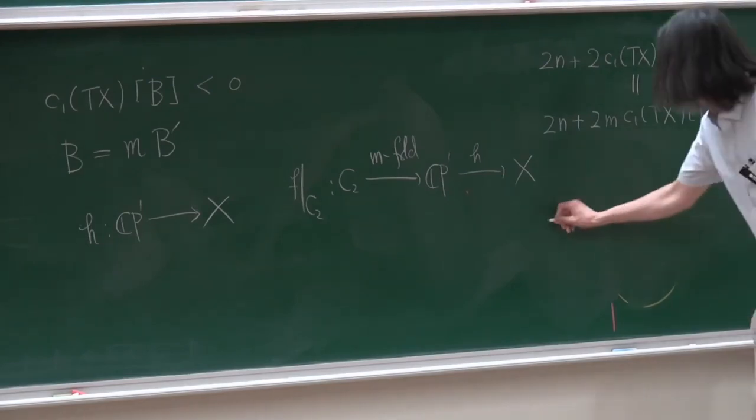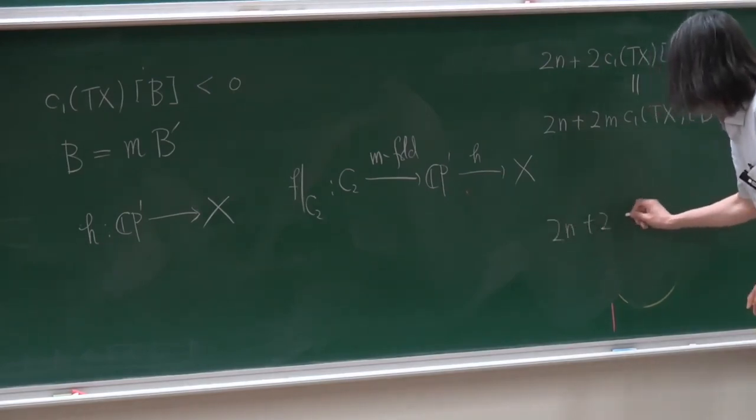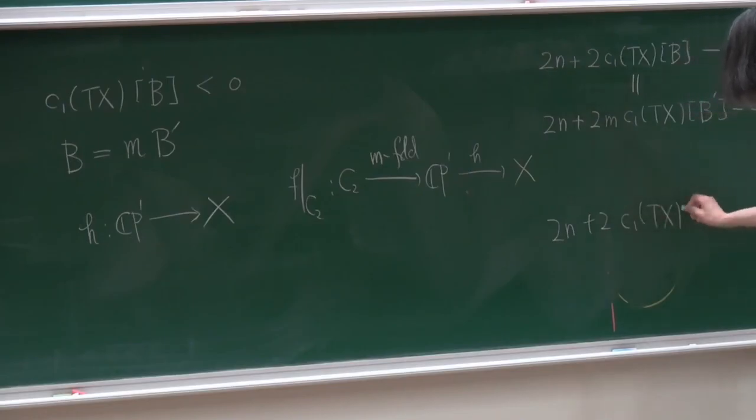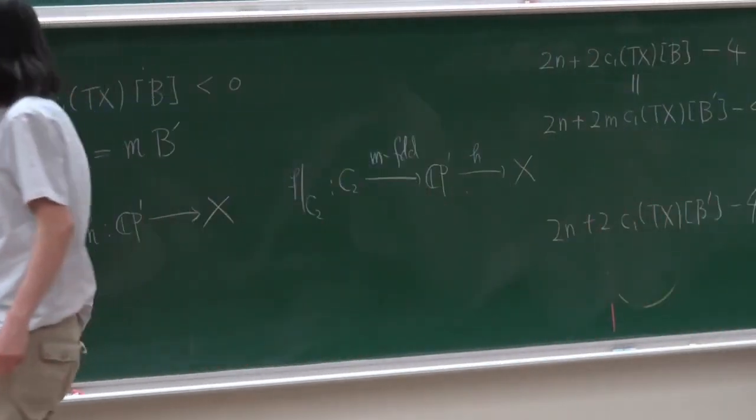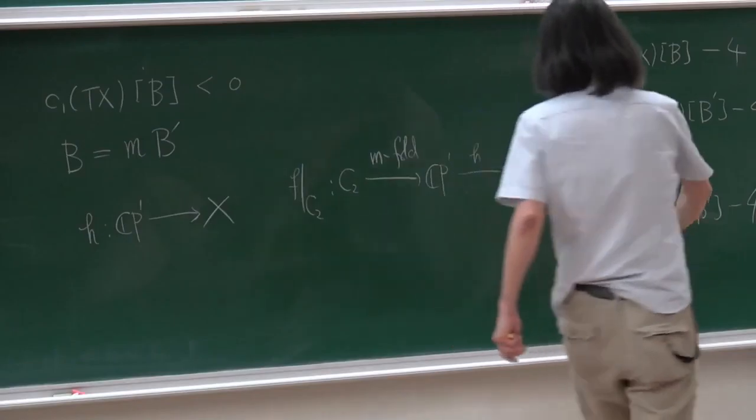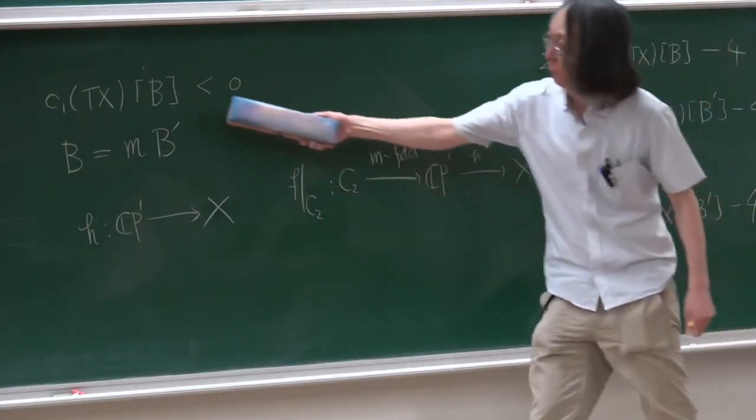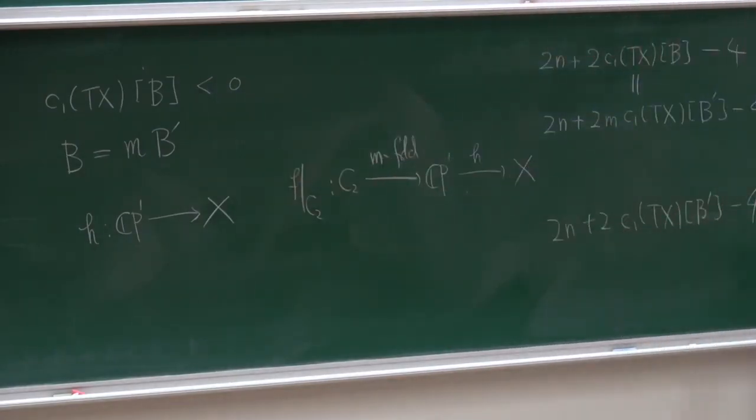Then I compare it with 2n plus 2c1(TX)(B') minus 4. When c1 is positive or 0, certainly this one is smaller than this.